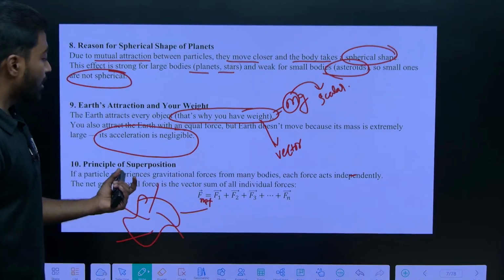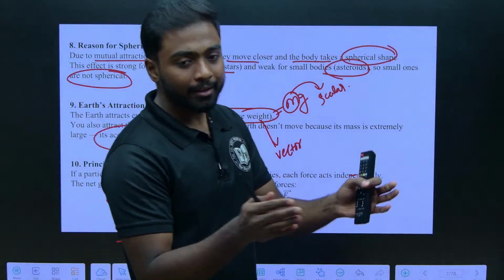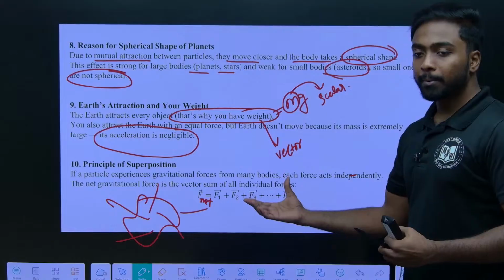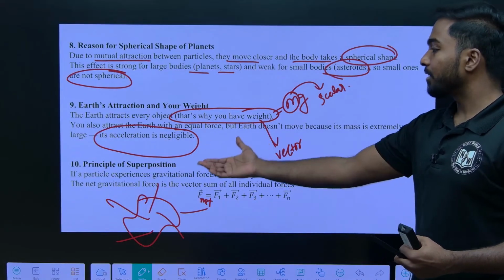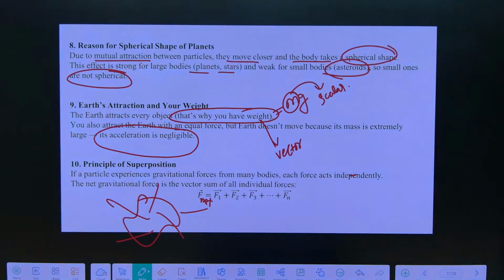So this is the principle of superposition. We are adding the forces which are acting on a body, summing up the forces, which is called the principle of superposition. Okay, you can take a note of this.